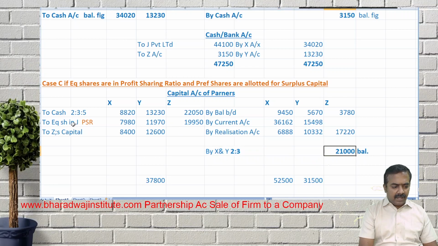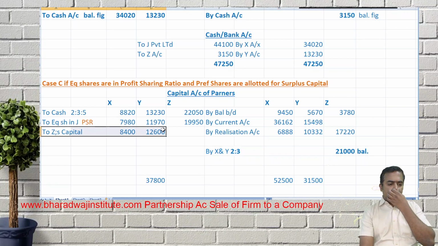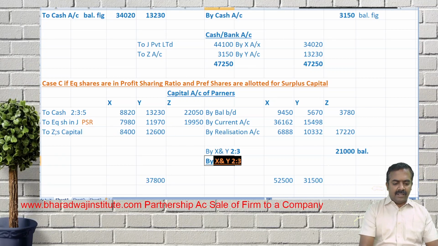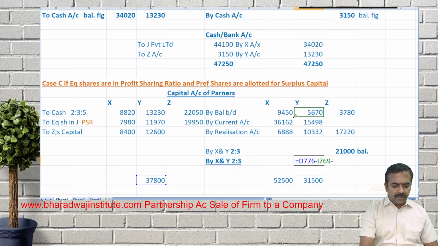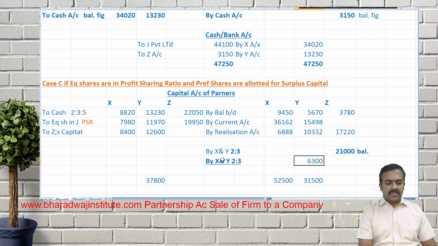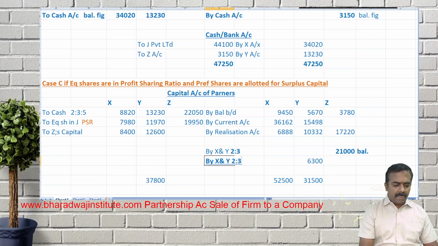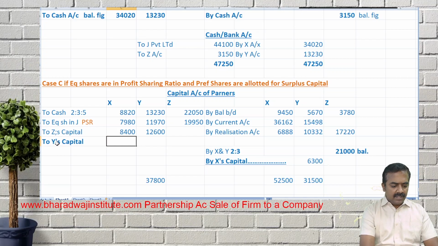Now tally it. This 21,000 balance is shared by X and Y in which ratio? 2:3 ratio. Then Y gets a deficit, right? How much deficit does Y get? The balance is 37,800 in debit, minus 5,670, minus 15,498, minus 10,332, so what deficit is there? 6,300. Who will bear this? By X's account, by X's capital. That left out 6,300 goes to Y's capital, and it will be borne by X only, 6,300.